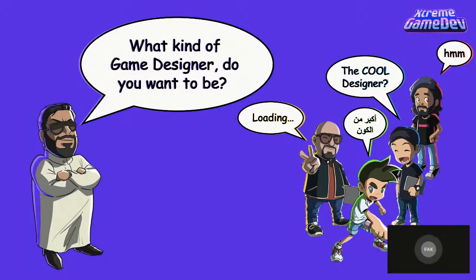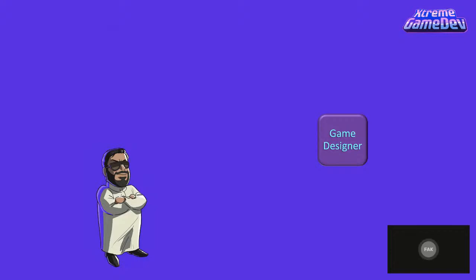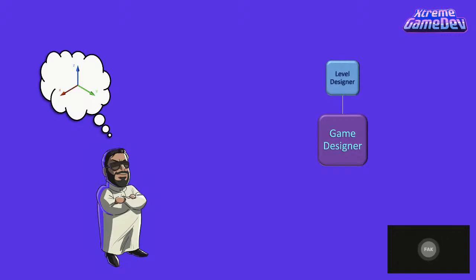There are lots of types of game designers, and we're going to talk about them. I'm going to talk about it from a AAA point of view. So you would see a few of the game designer types. Like I said earlier on, you can be a game designer and do everything, or you can be more specific and be a level designer.